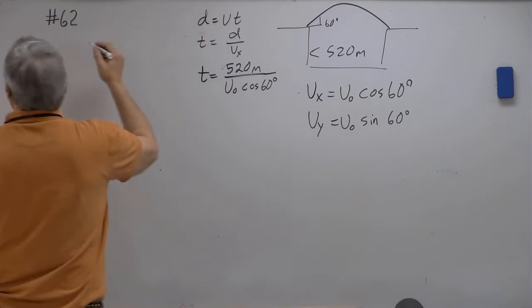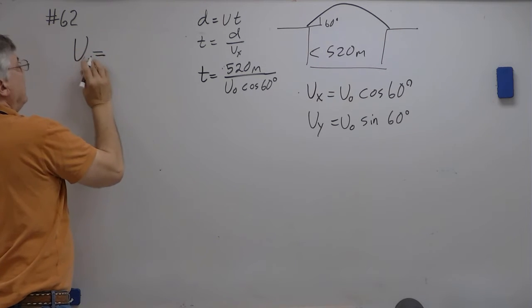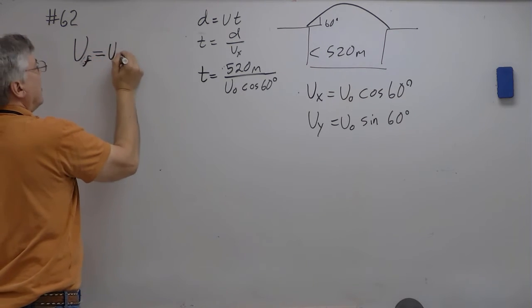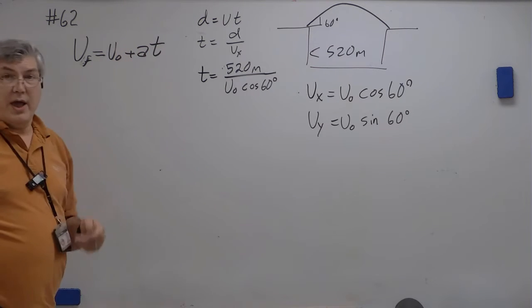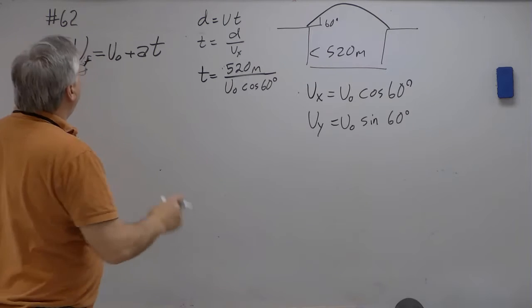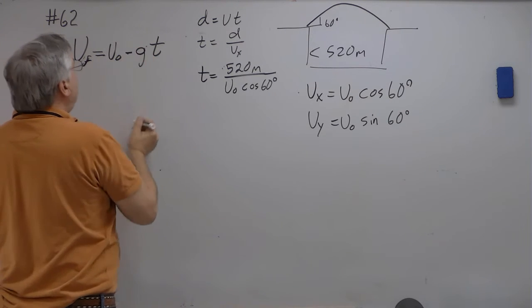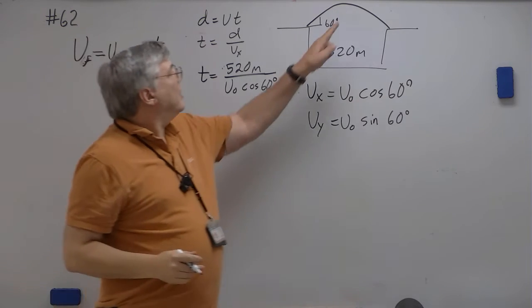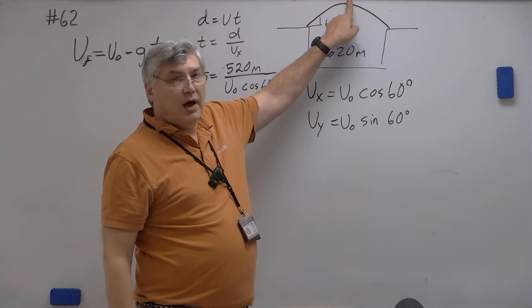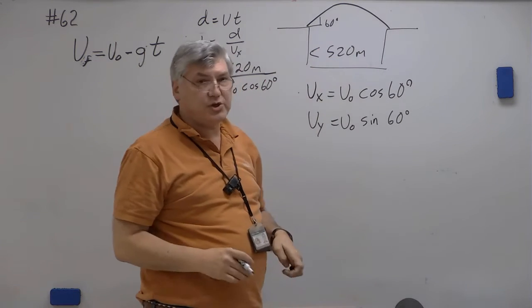We also have this equation which says V final is equal to V naught plus AT. Now, A is acceleration due to gravity pointing down, so I'm going to change this to minus GT. I can use this equation to figure out how much time it'll take to get to the top of the parabola that she is describing as she's shot out of the cannon.